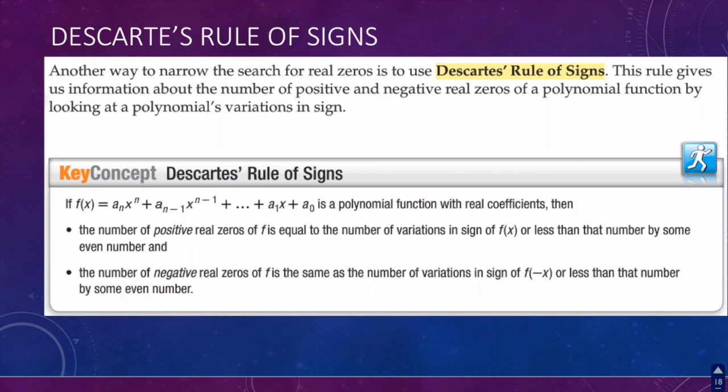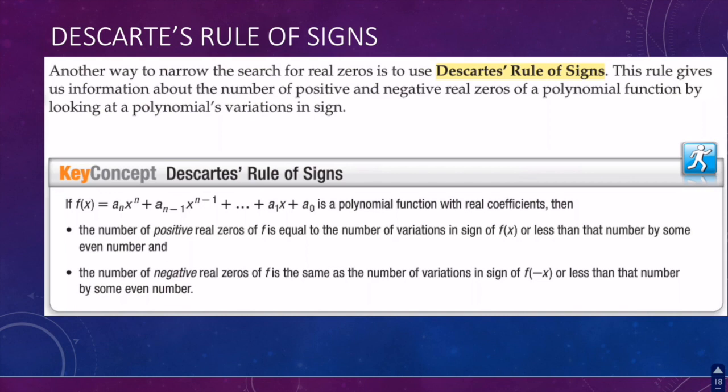So you might recognize this from the lower bound rule. So if f of x is equal to a sub n x to the n plus a sub n minus 1, and so on, is a polynomial function with real coefficients, then the number of positive real zeros of f is equal to the number of variations in sign of f of x, or less than that number by some even number, and the number of negative real zeros of f is the same as the number of variations in the sign of f of negative x, or less than that number by some even number.